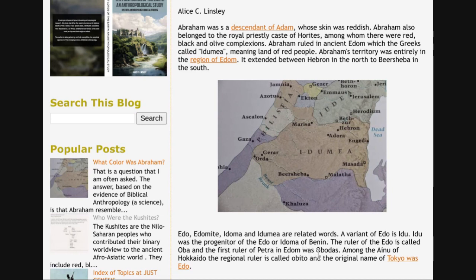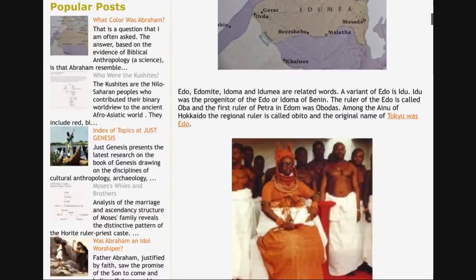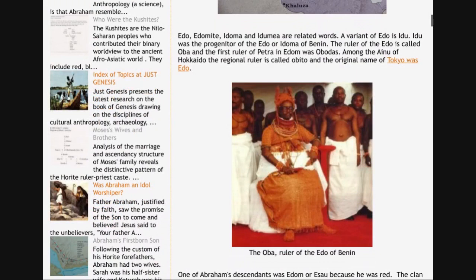Among the Amnu, the region ruler is called Obito, and the original name of Tokyo was Edo. I just want to show you the pictures. So here it is right here. They're saying that they're depicted as, back in ancient times, from Benin, the kingdom of Benin.